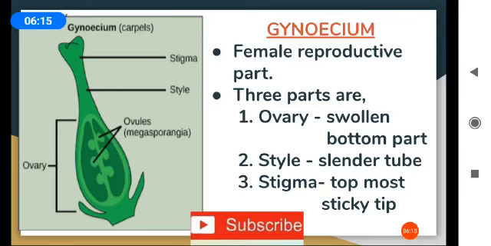So the pollen grains are received by the stigma during pollination. So during pollination, the pollen grains from the anther are transferred to the stigma of the gynoecium.